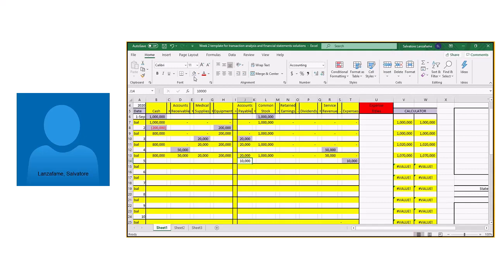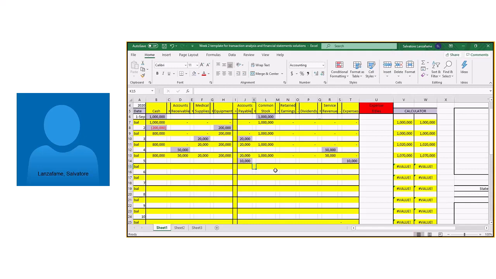So if you're thinking, how is it going to balance if both of these are positives? Well, remember, when we're in this yellow row, we're subtracting whatever's in expenses and whatever's in dividends from this side. So 10,000 is making this side go up, the one that's in accounts payable, but this 10,000 under expenses is going to make this side go down. So basically it's a wash.